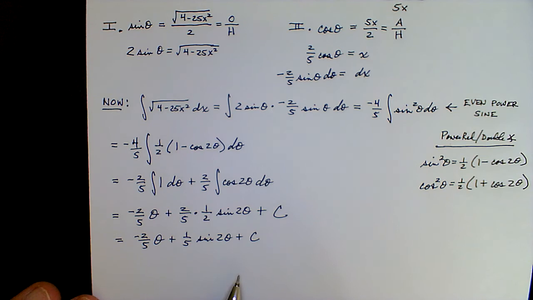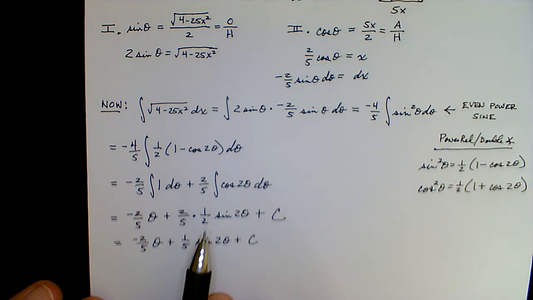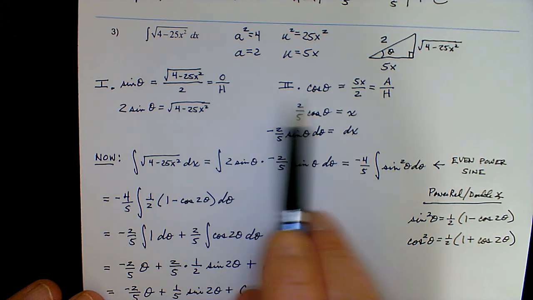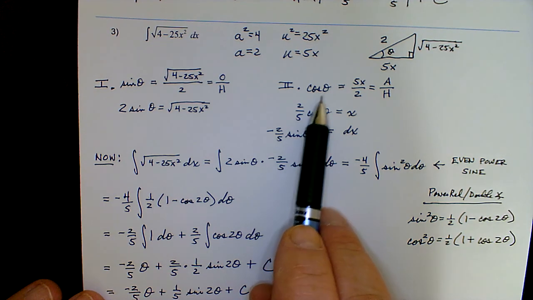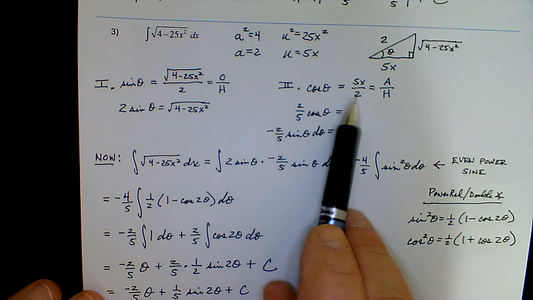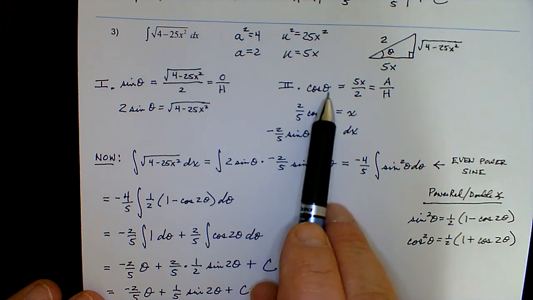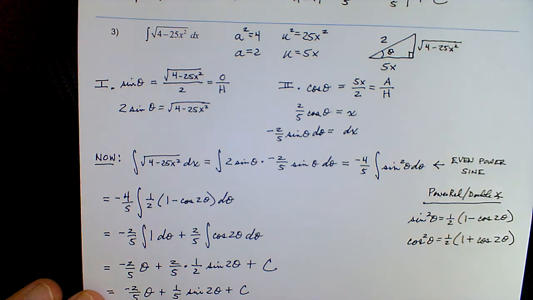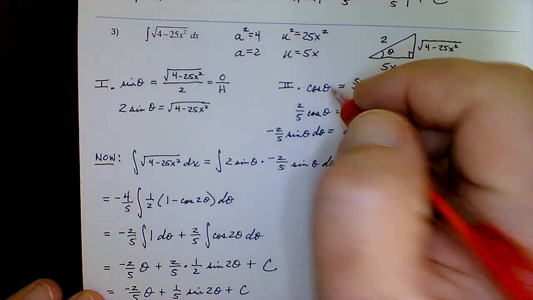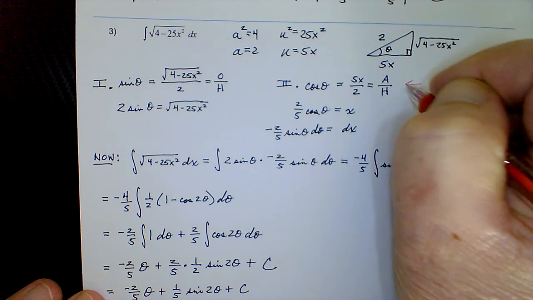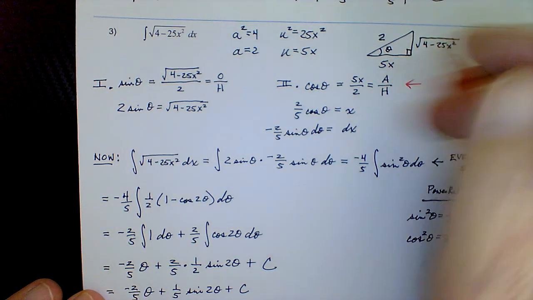Remember, we said it has to be in algebraic terms, and here we have theta. So you have to consider how we are going to determine what theta is. Well, if you look back at Roman numeral steps 1 or 2, we've defined sine of theta and cosine of theta. And if we have to get at theta, and I'm going to choose to work with the cosine, you could use any trig function you want. If we go up to the cosine, and we know we want theta, then what we have to do is take the inverse.